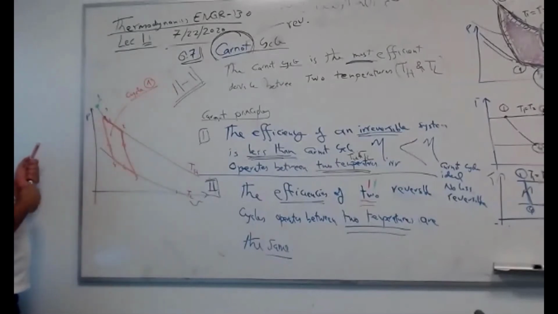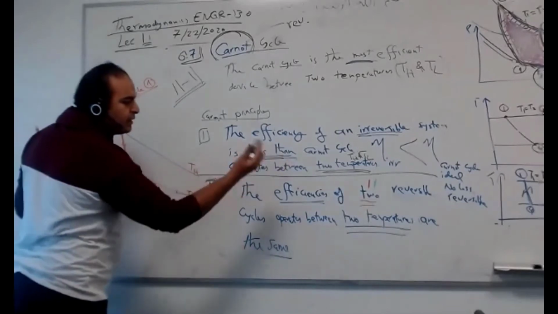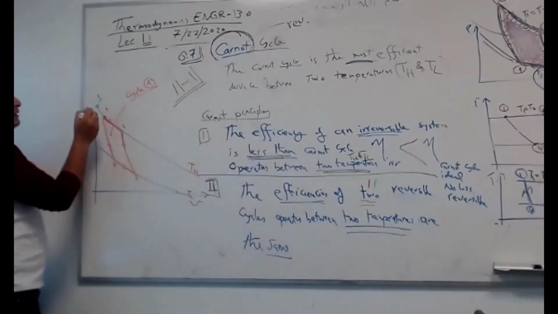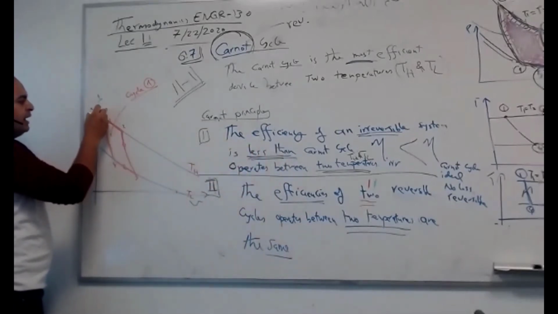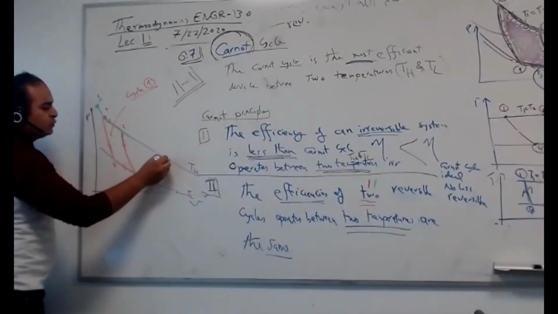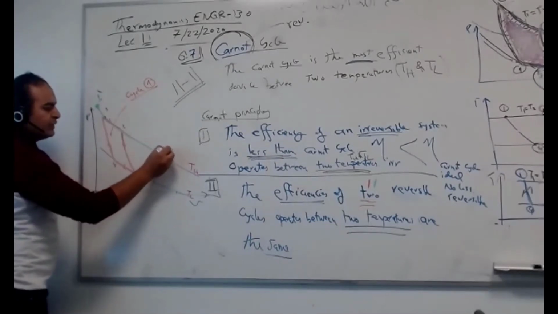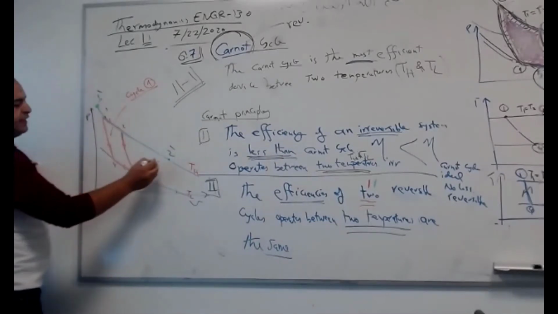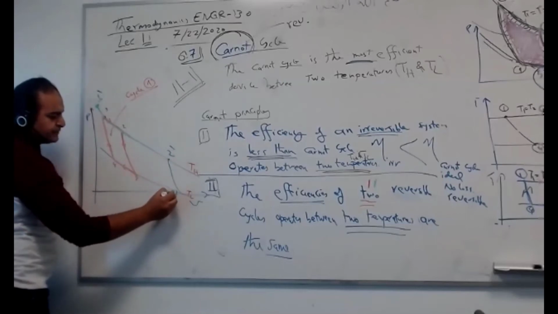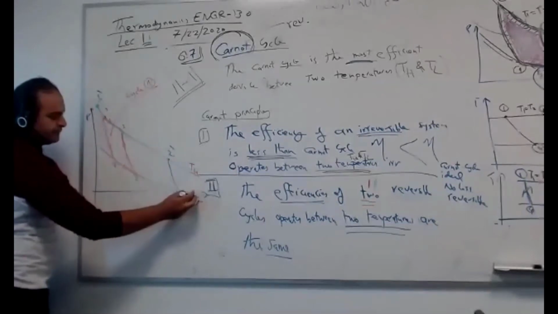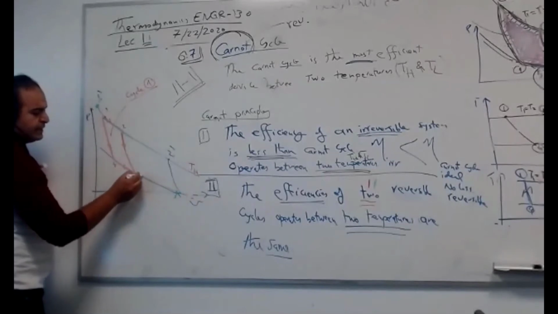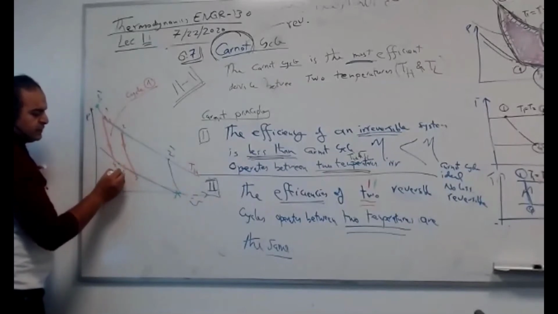Cycle 2. Let's start with another one. Let's take the color green. Let's start, for example, here. Start anywhere. This one. Then go to, for example, 2. Let's say 1 dash, 2 dash. Then 3 dash. Then 4 dash.